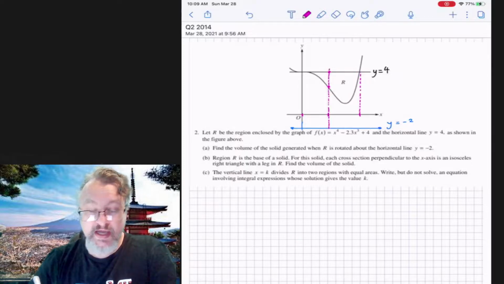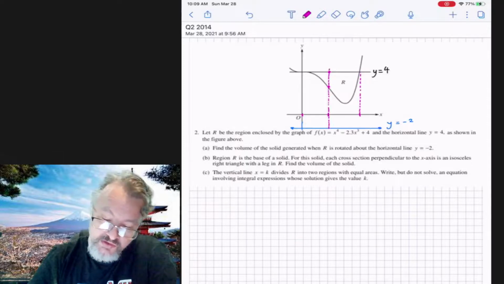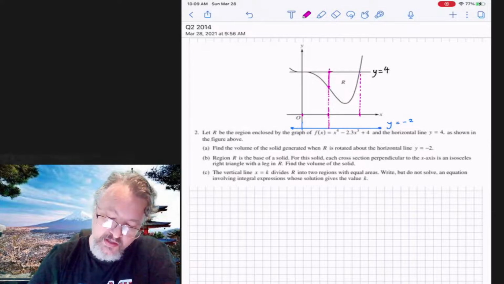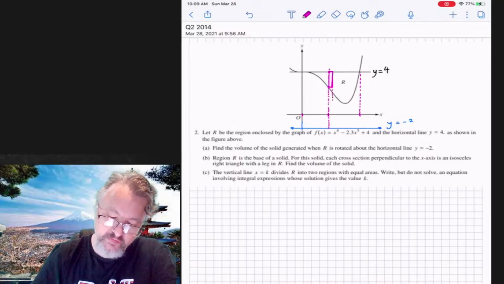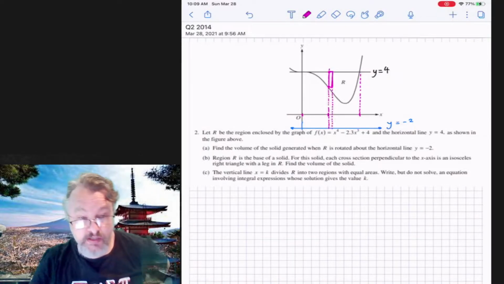And this here is going to define a tiny little rectangle, the width of it being dx. Why dx? Because it's in the x direction.